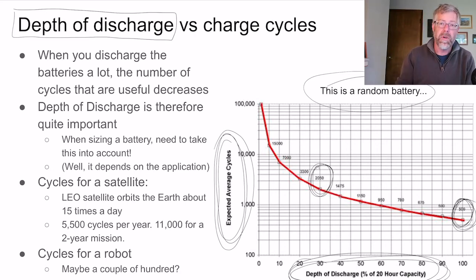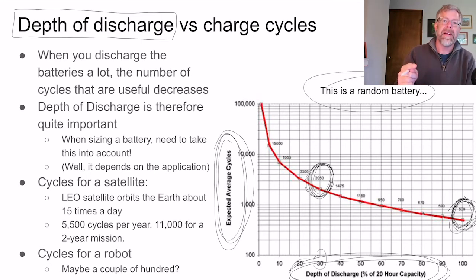If you do that like once a day, it's only going to last maybe 2 years. And so that's not actually good. But if you actually discharge it only 30% and then you charge it again, then you're going to get 2,050 charges and discharges from that. So maybe you have to do that twice a day as opposed to once a day over here. Still, the lifetime of the battery is going to be twice as long. All right.